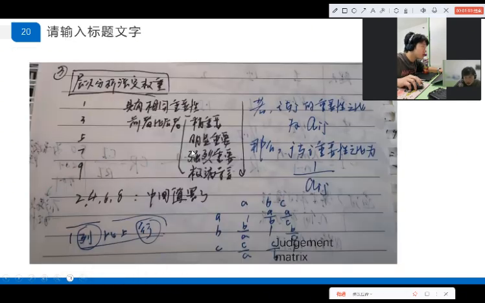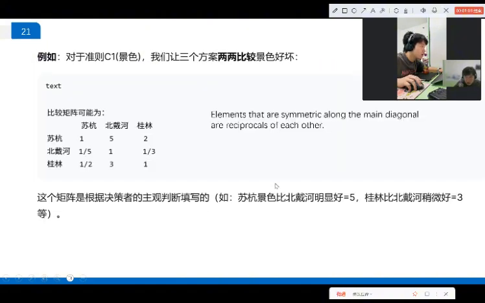After this, we use 1 to 9 to judge their importance ourselves. For example, if we want to go travel, and we have 3 destinations: Suhang, Beidaihe, and Guilin. We judge by ourselves for one criterion: scenery.